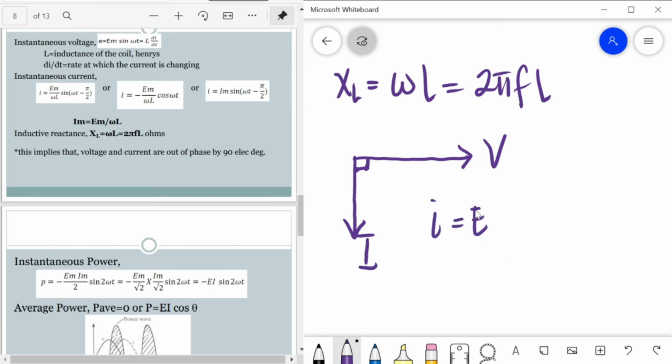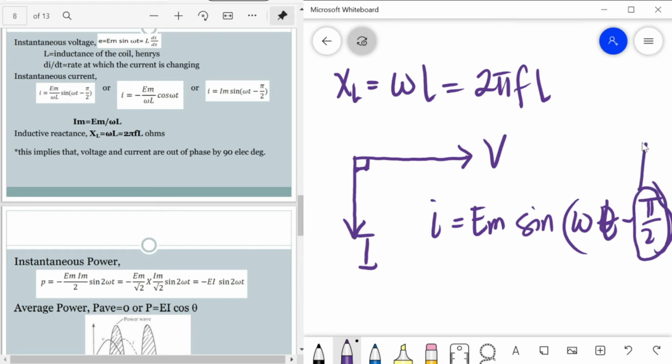I is equal to EM sine omega t minus pi over 2. This pi over 2 represents your 90 degrees, in radians.